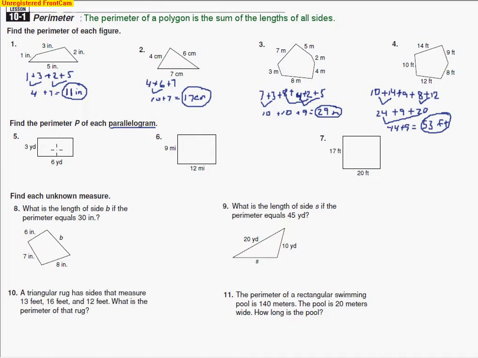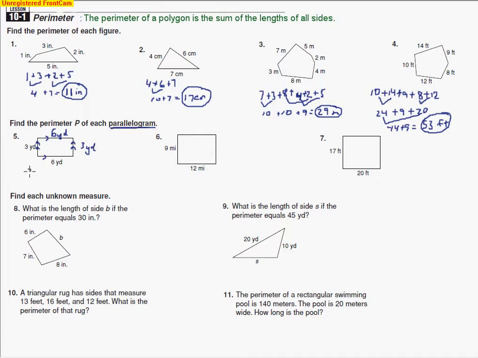But also, since they're parallel, like this side is parallel to this side, and this side is parallel to this side, what that means is that in a parallelogram, the sides opposite are the same length. So that tells me that this is 6 yards, and this one across from it is 3 yards. It only works that way because it's a parallelogram.